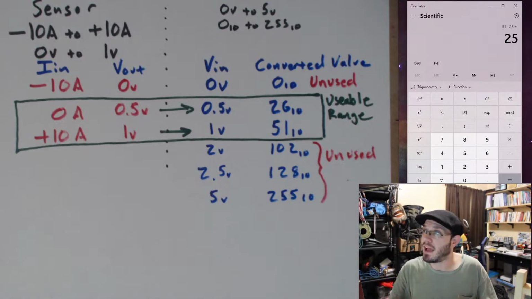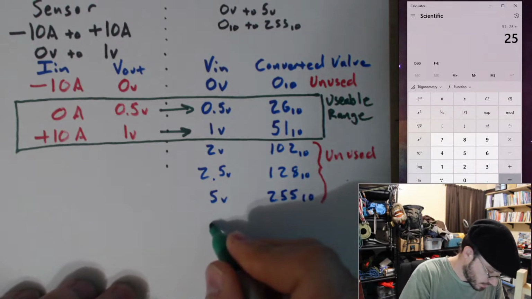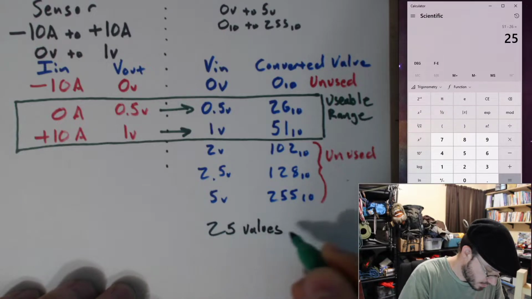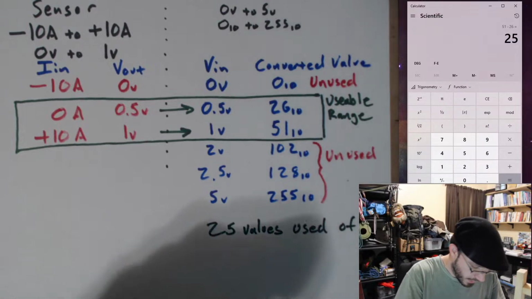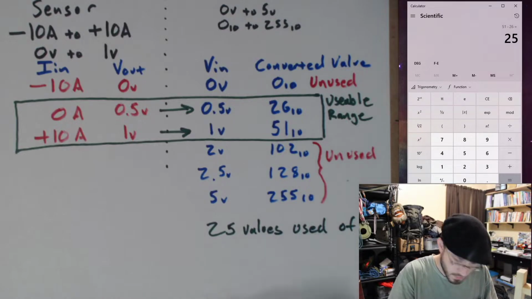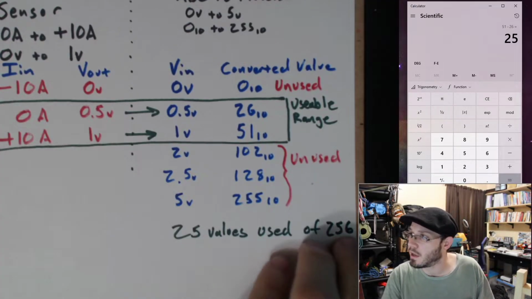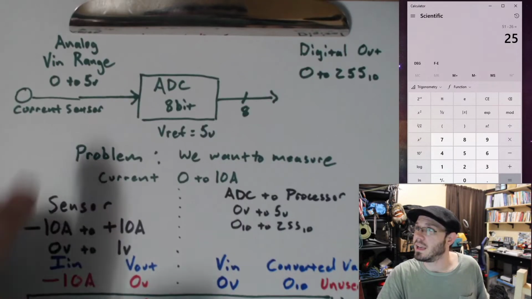Okay, I got 25 discrete values. Of how many values total? 256. We have a possible 256 discrete values coming out of our analog digital converter.